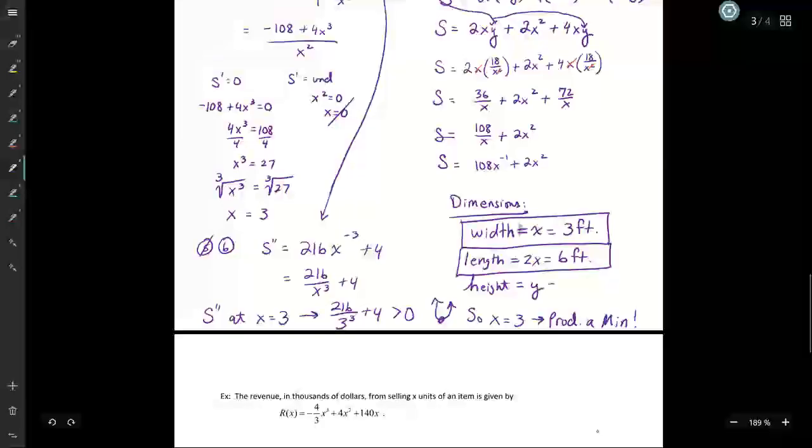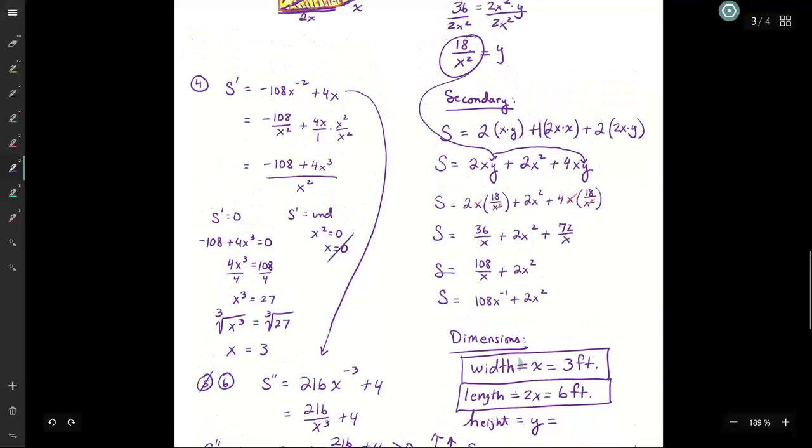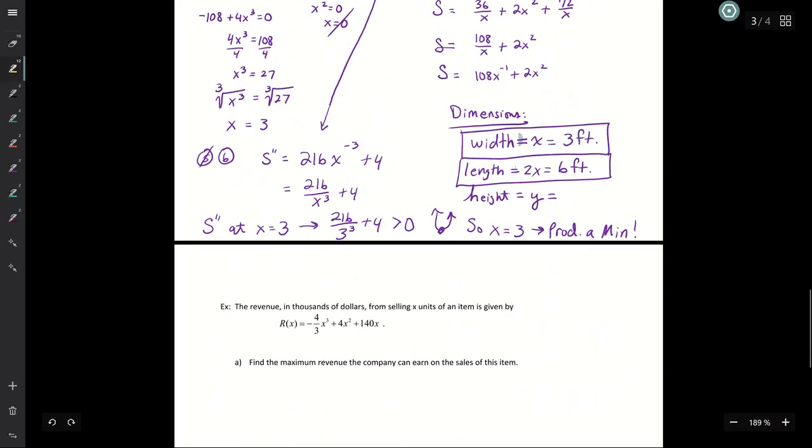So that would be y. Up at the top, we notice that we put y equals 18 over x squared. So in this situation, we would have 18 over 3 squared. 18 over 9 would end up being 2 feet. So we've got our length, our width, and our height there as our final answers.